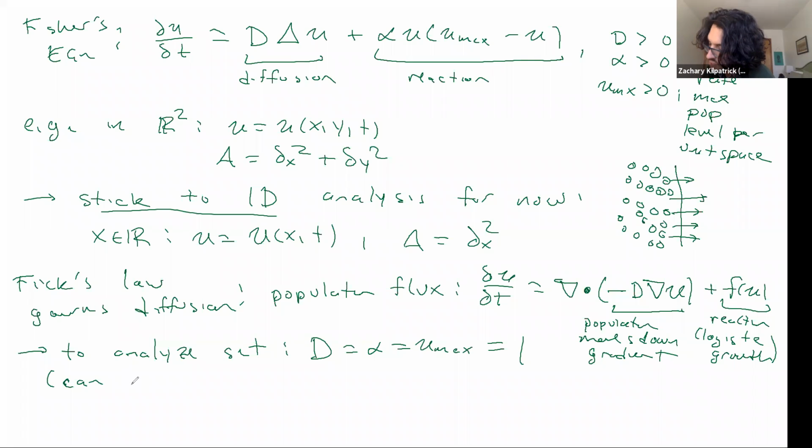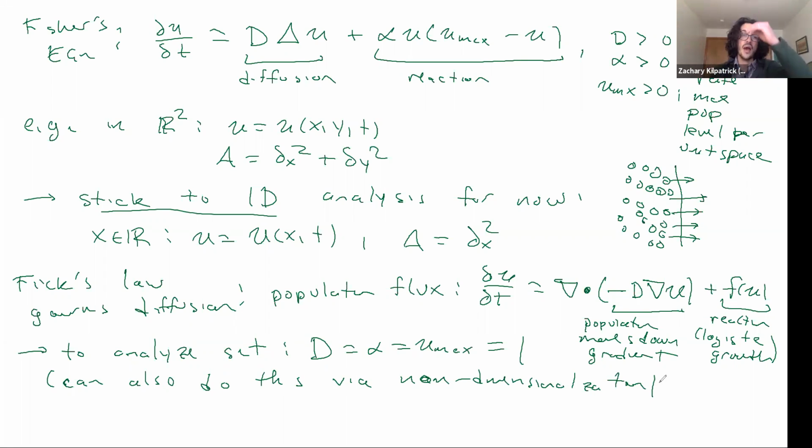If you take asymptotics, we'll talk about a process called non-dimensionalization, which essentially allows you to eliminate parameters by rescaling your variables.